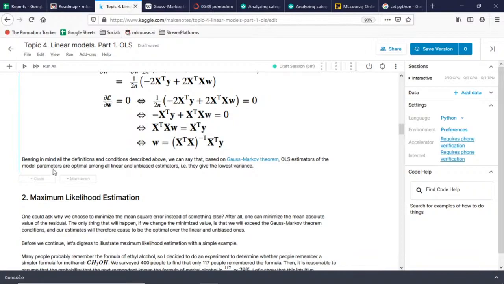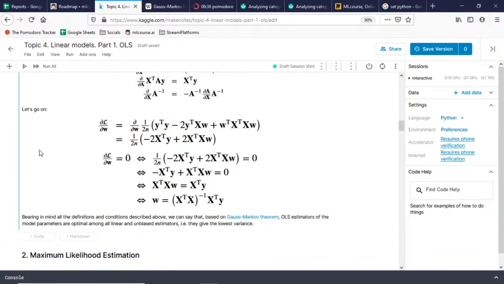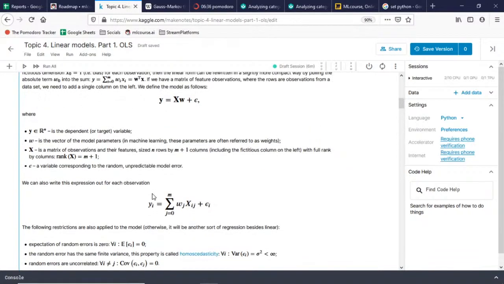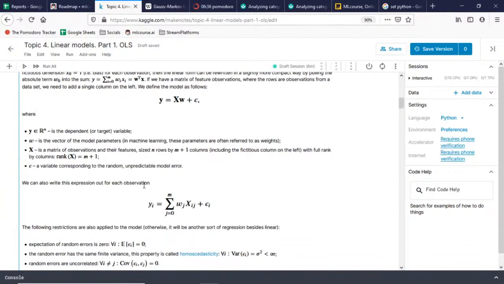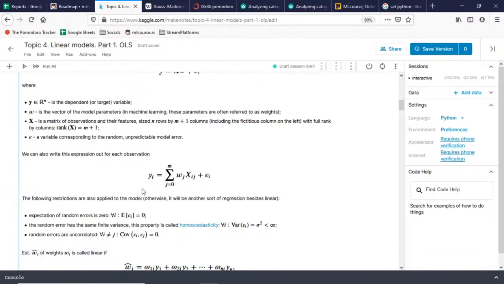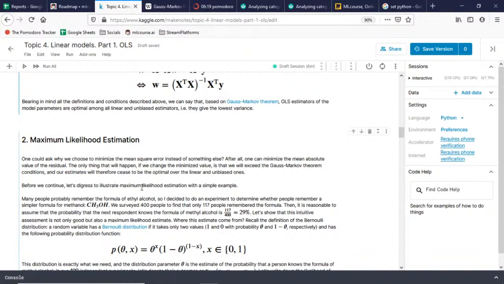So what we have done, we built some estimators, we calculated weights, which will get us what.